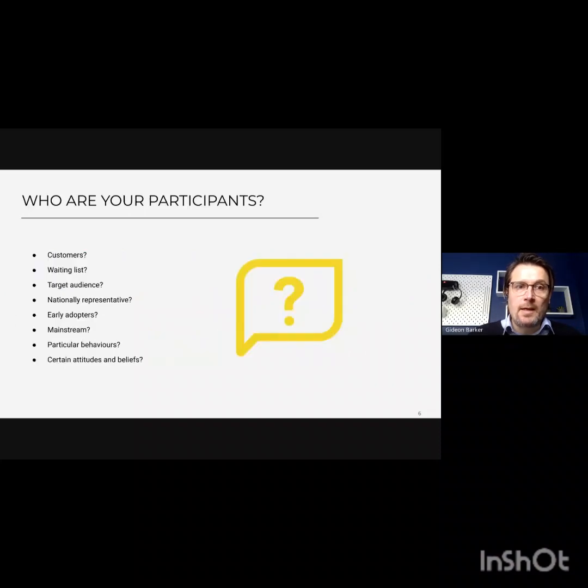So I think the first thing to think about, before you start looking for people, is who exactly are you looking for? And this will be very much determined by what the objectives of your research are. What is it the research needs to find out? And those are very much related to what the business needs, right?